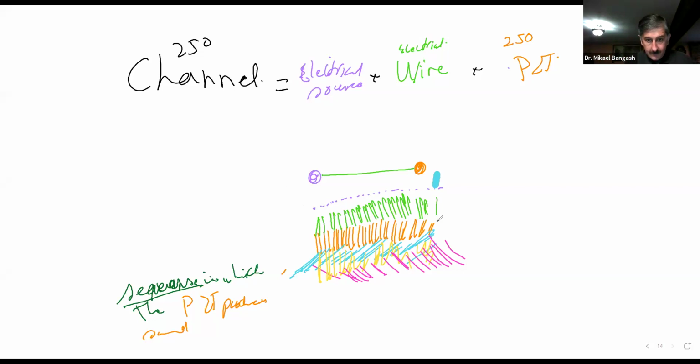That if this PCT here was the first, and this PCT here was the last, then the beam will be steered in this direction here. Whereas if it was the other way around, that this PCT was the first, and this PCT here was the last, then our beam will be steered in this direction.